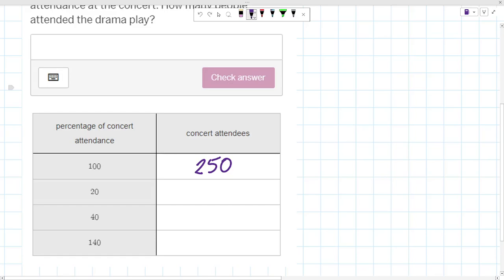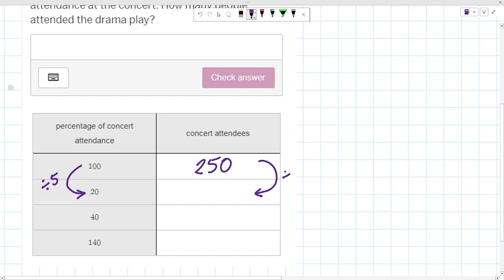So first, how do I get from 100 to 20 in terms of multiplication or division? Well, I would need to divide by 5, because 20 goes into 100 5 times. So what do I need to do on the right-hand side of my table?